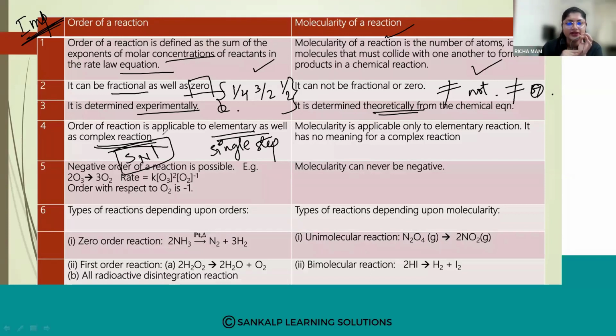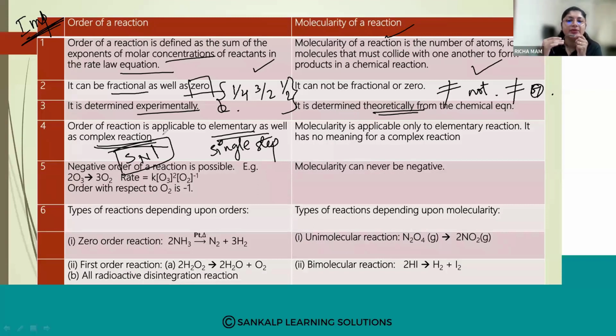What is an elementary reaction? An elementary reaction is a reaction which takes place in a single step. What is a complex reaction? When a reaction proceeds in more than one step, it is called a complex reaction. In a complex reaction, it gives rise to a mechanism of the reaction. In the mechanism, they will follow different steps.